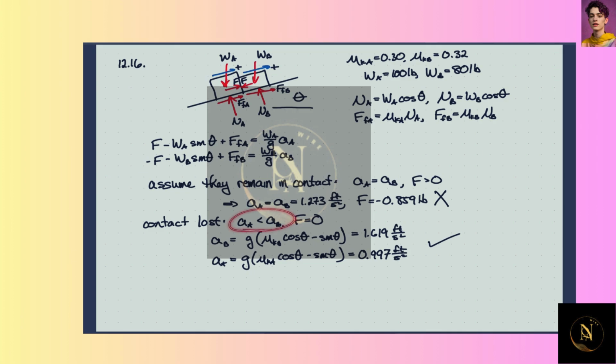So this one is being accelerated up the conveyor belt. Just after the conveyor belt suddenly starts, this one is being accelerated at a higher rate than this one, so they will initially separate at least.